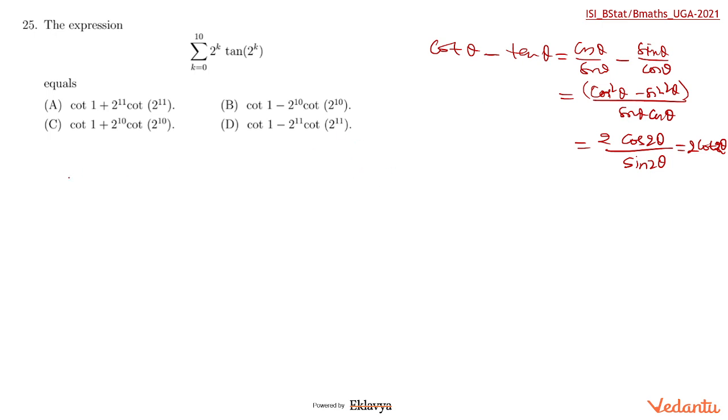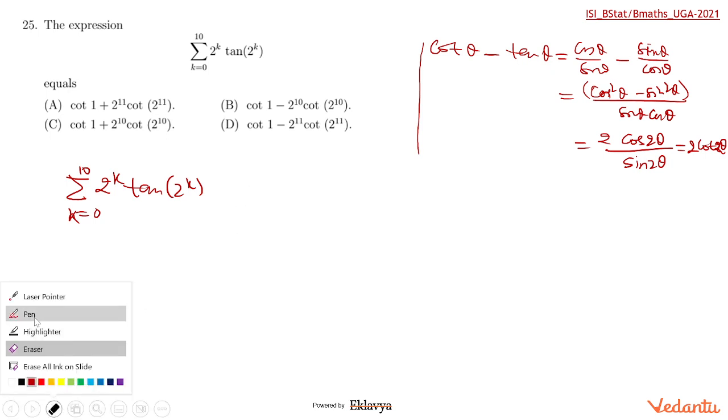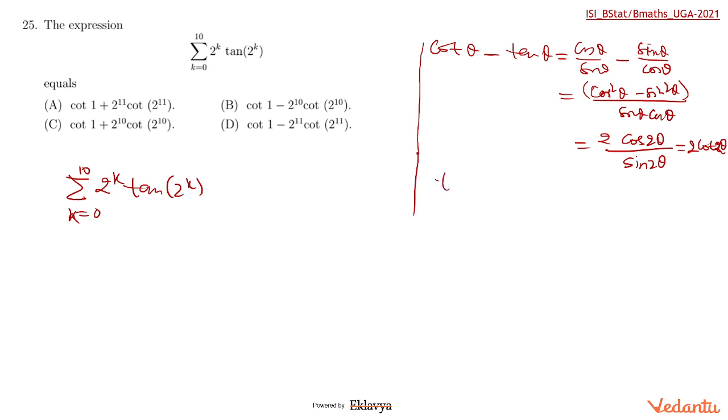And so coming to sigma, 2 raised power k tan 2 raised power k from 0 to 10. So यहाँ से we can write that tan theta को you can write cot theta minus 2 cot 2 theta.